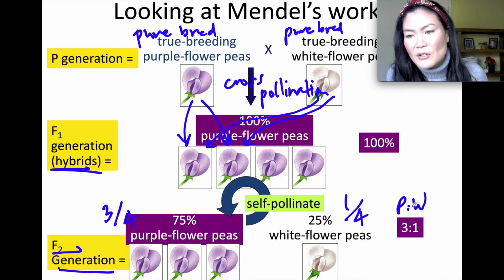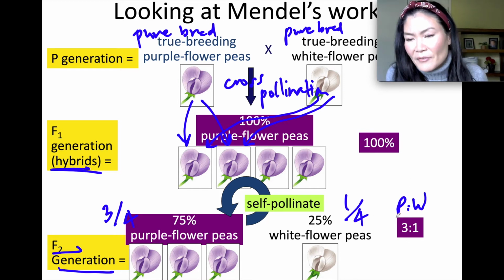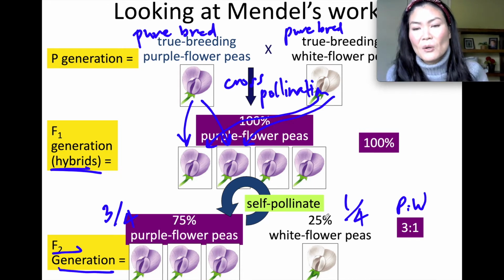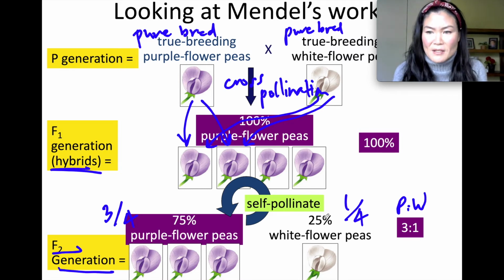And I probably shouldn't use that W because later on we're going to be talking about letters that represent dominant alleles versus recessive. But just for now, we'll just say 3-to-1, 3 purple, 1 white. Okay? He saw this pattern over and over again, not just with sweet pea flower color, but with other traits that he studied.